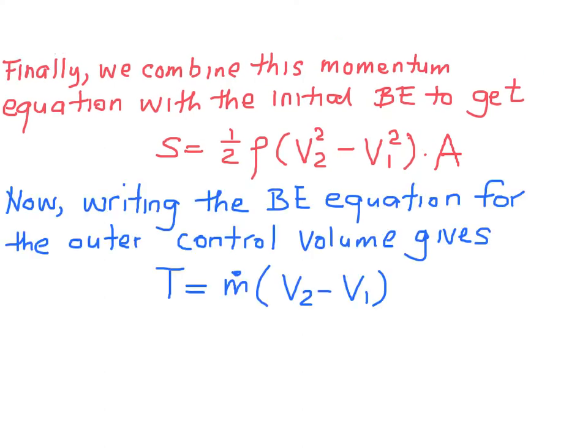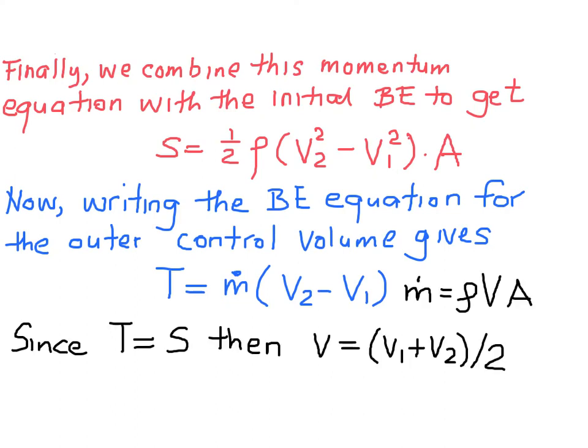Now, writing the momentum equation for the outer control volume gives T is equal to the mass flow rate times (V2 minus V1). So, since T is equal to S, we now get our second answer by equating these two equations.